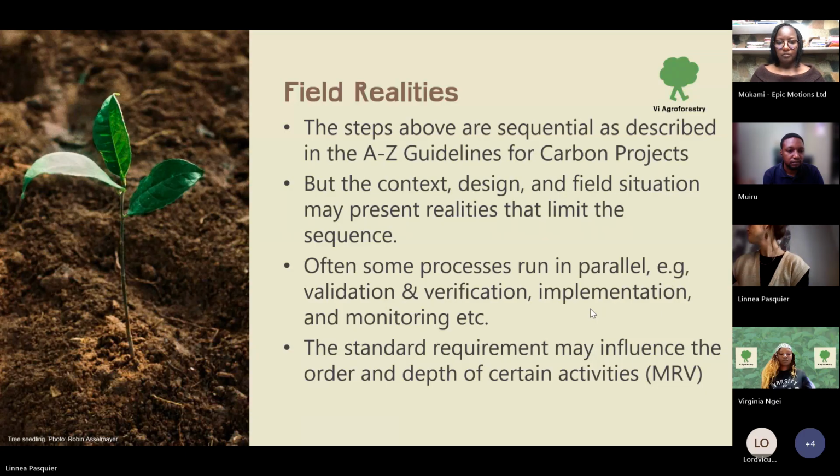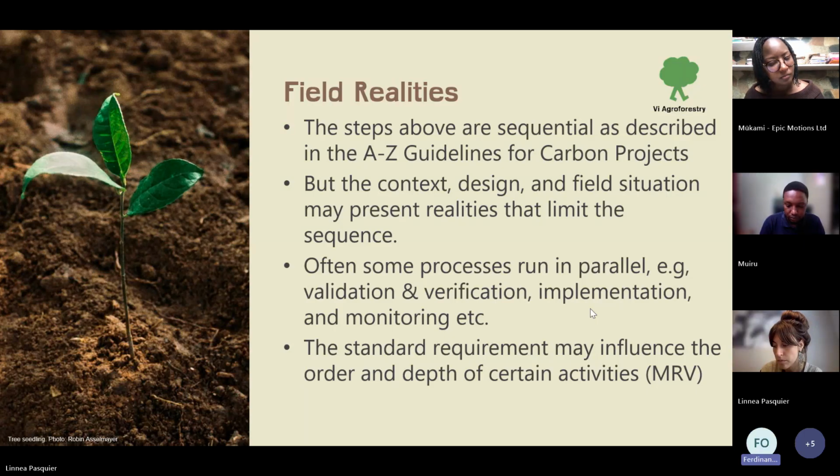So we just wanted to make you understand that these steps that Linnea has taken us through have been documented in a guide we call the A to Z guidelines. But the guide is prepared sequentially. On the ground, you need to understand that some of these things don't happen sequentially in the way that they've been presented.